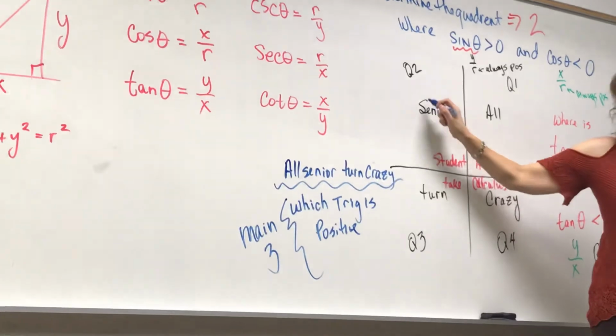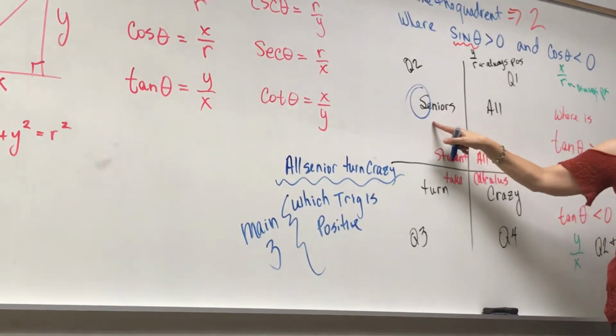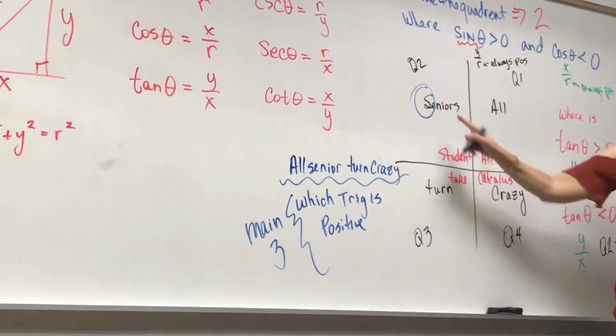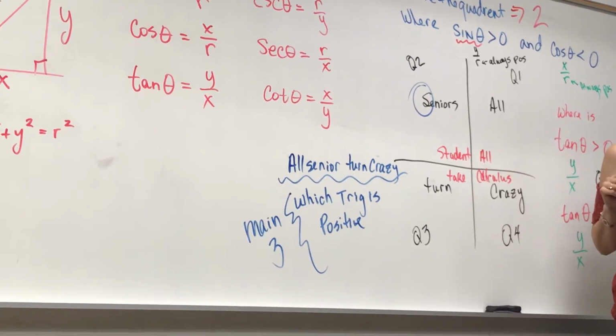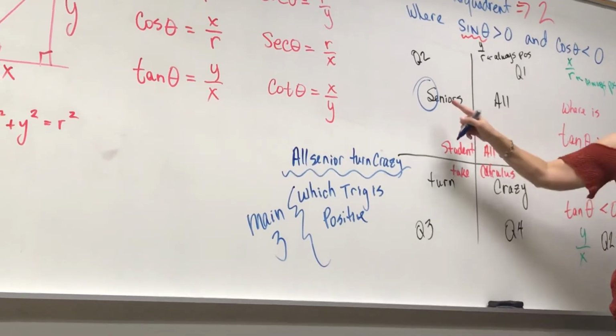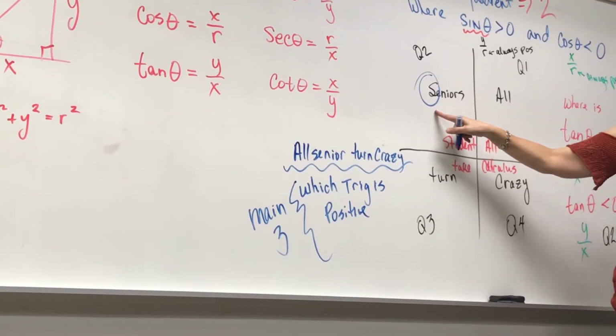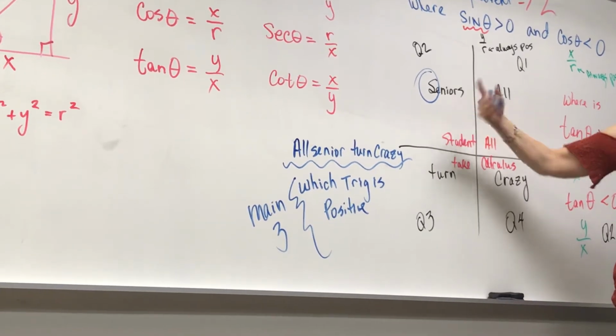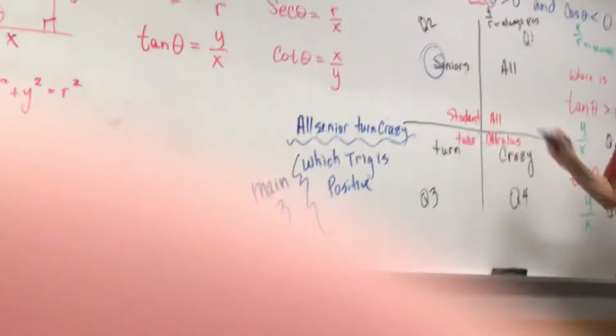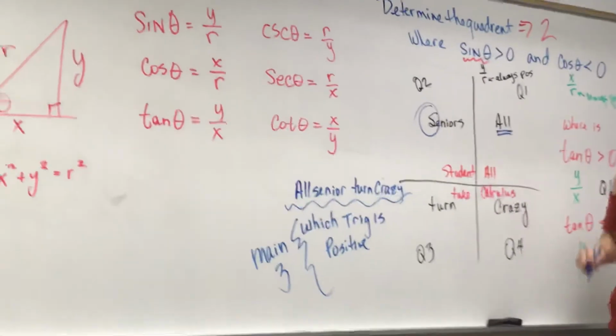Okay, S. Guess which one of sine, cosine, tangent is positive in the second quadrant? Sine is the only one. If sine's positive, what else is positive? Cosecant. Okay, so this is actually using all 3 letters.